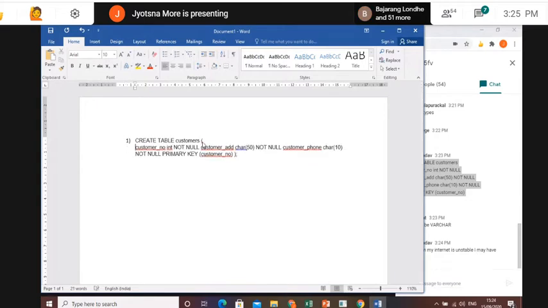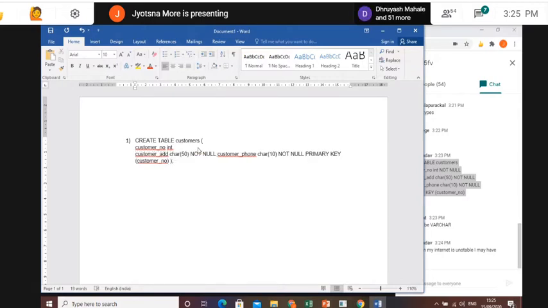We have customer number, which he says is integer domain. For integer, there is no need to specify a value. He has specified not null, but right now I don't require it, so I am removing it. He missed out the commas over there, which is very important. So I will put a comma.